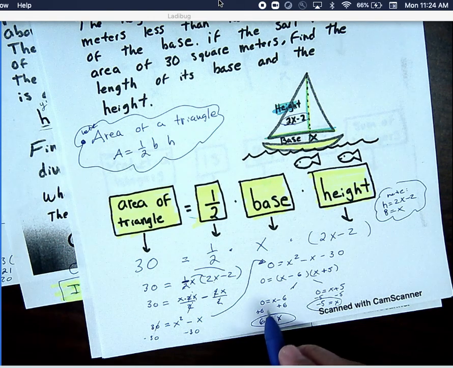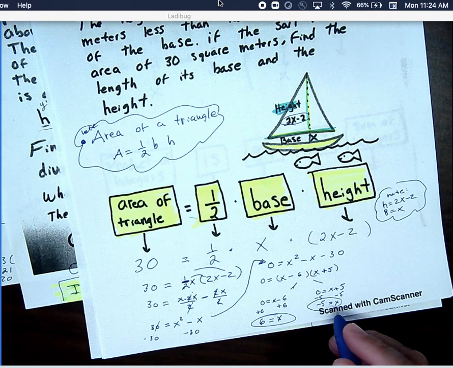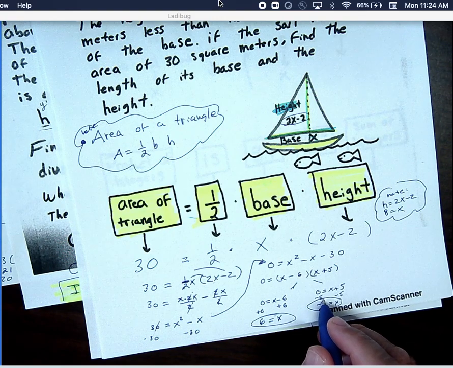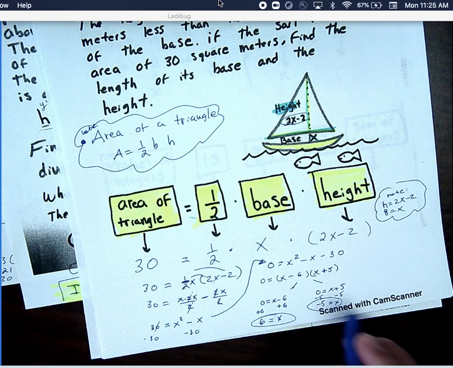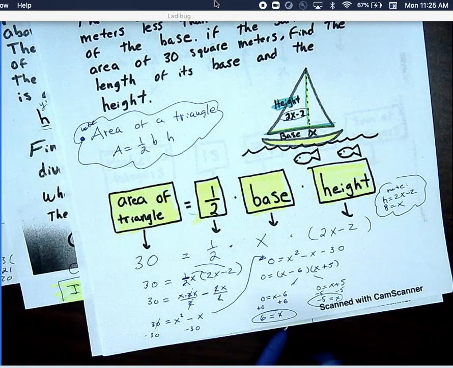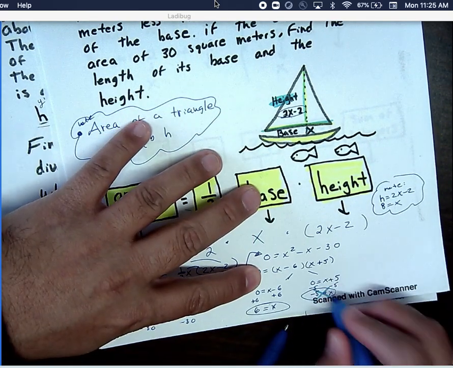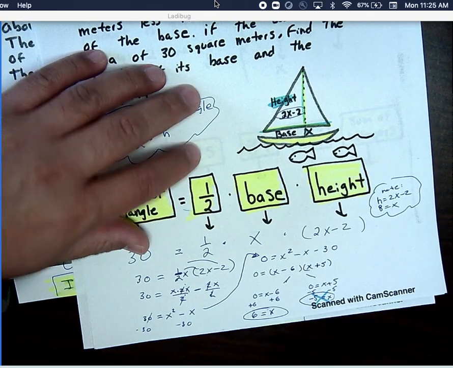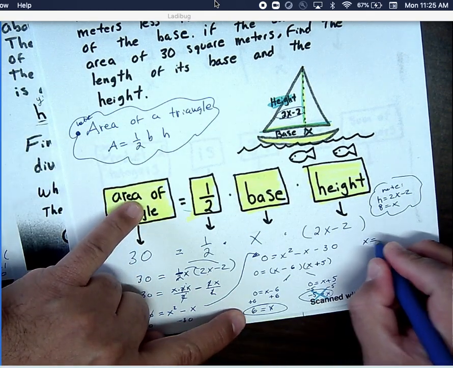Let's see if they work. You would have to check this. Since x represents the length of the base, we discard the negative solution again, because length cannot be negative. So we're going to scratch this one out. x has to be positive 6.